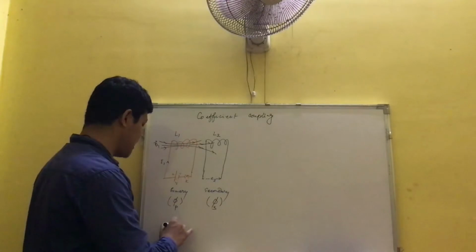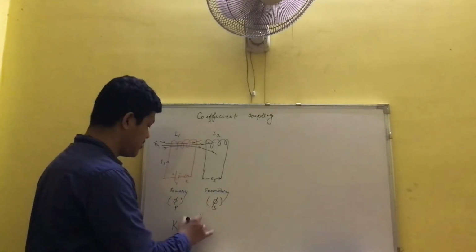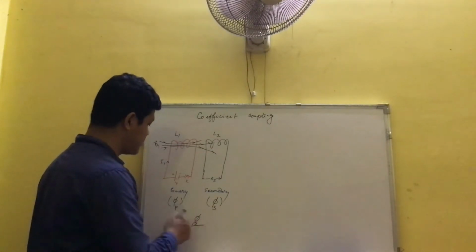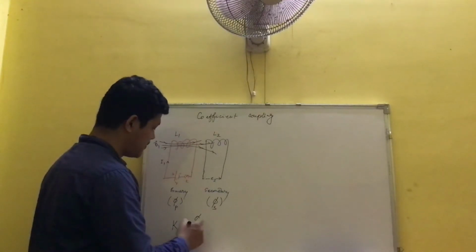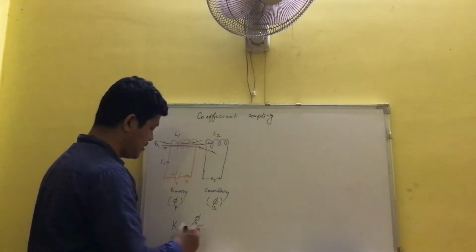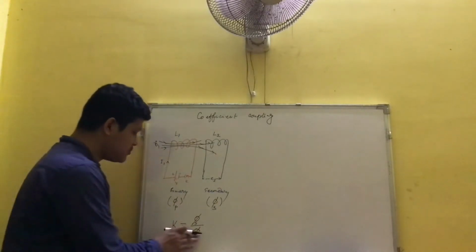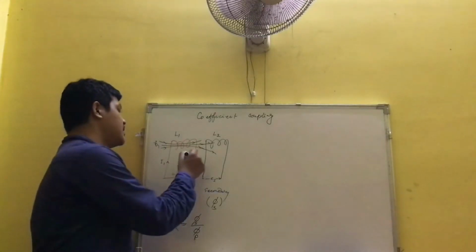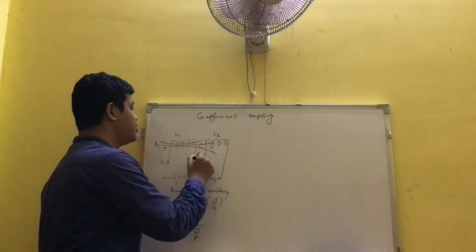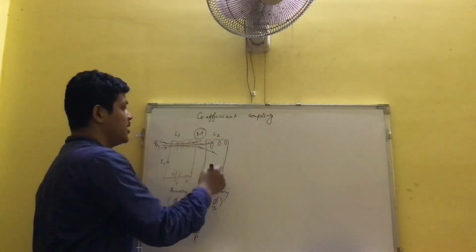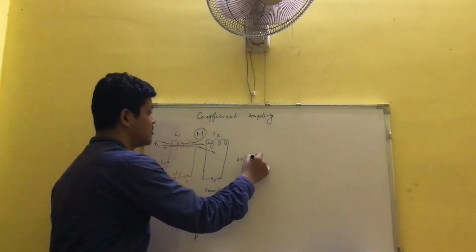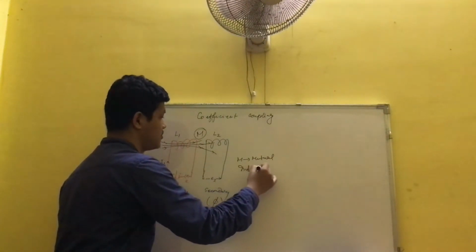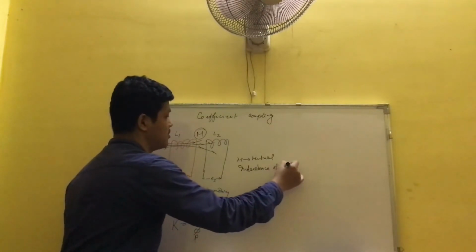So that is given by K, which is the ratio of the magnetic flux linked with the secondary coil to that of the primary coil, phi s by phi p. So this is the coupling coefficient. And also, suppose M is the mutual inductance of the two coils.